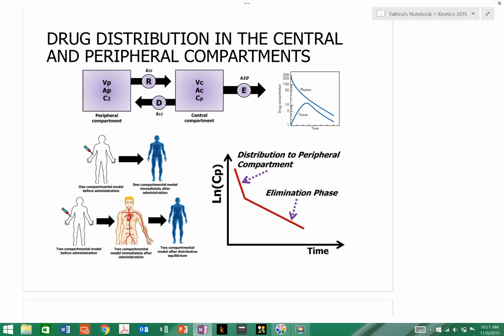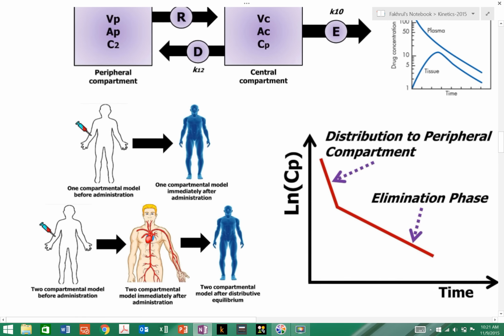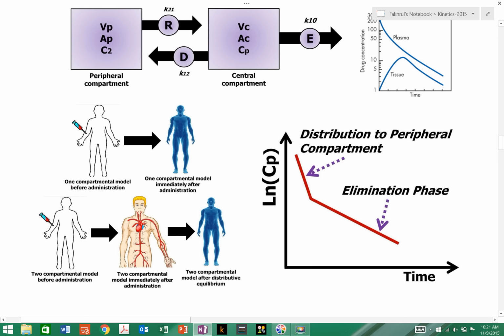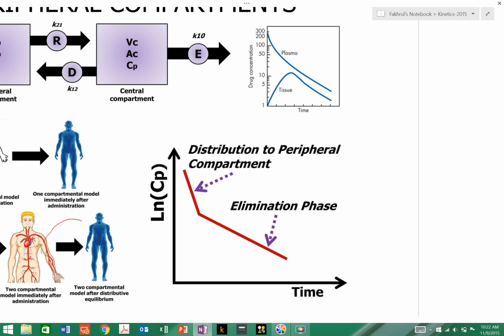Here I have explained again. As you can see, this is the one compartment model. The drug instantaneously distributes throughout the body. But in case of the two compartment model, the drug first goes to the plasma and then it goes to the tissue compartment. For this reason, we will have a pattern like this, distribution, and this is the elimination phase.